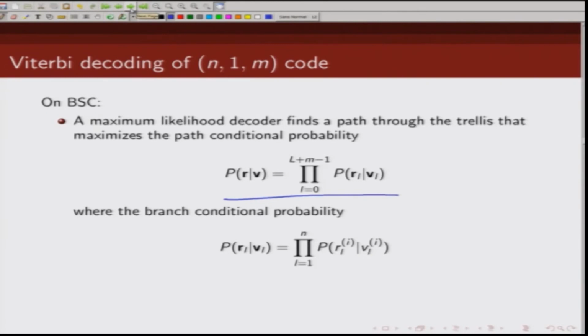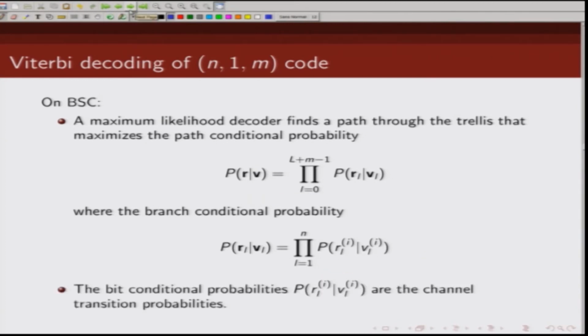So, since it is a memoryless channel, we can write this probability of R given V in terms of these Ri's and Vi's like this, and this can be written in terms of the bit likelihood function. So, we can write this in terms of Ri's and Vi's, and this can be written further in terms of the bit metric which is given by this. And what are these probabilities? These probabilities are nothing but the channel transition probabilities.